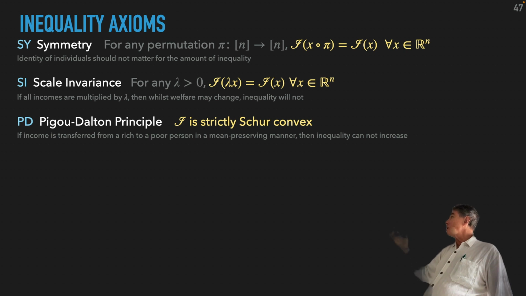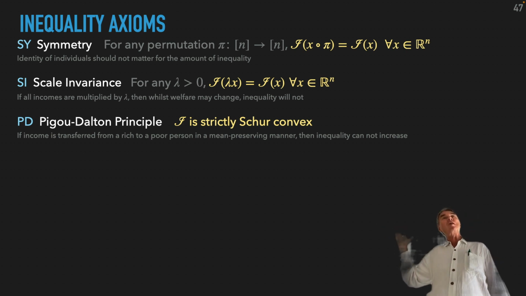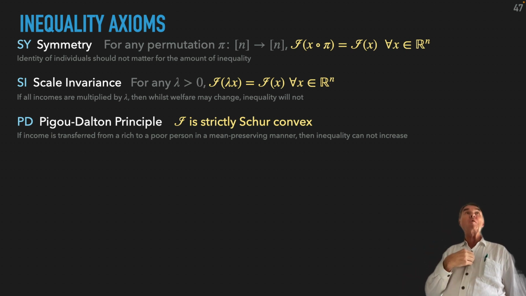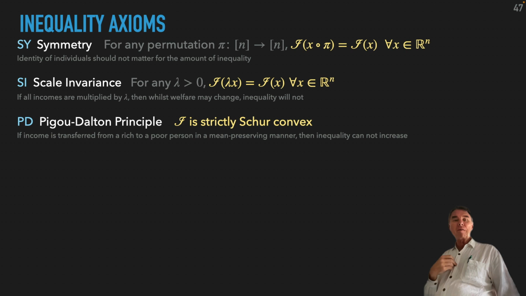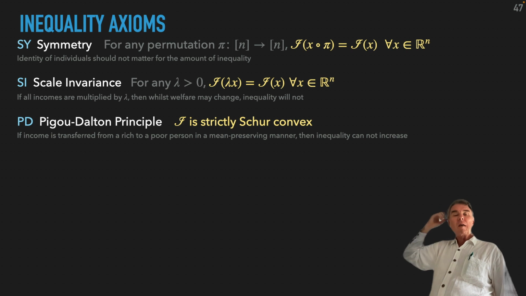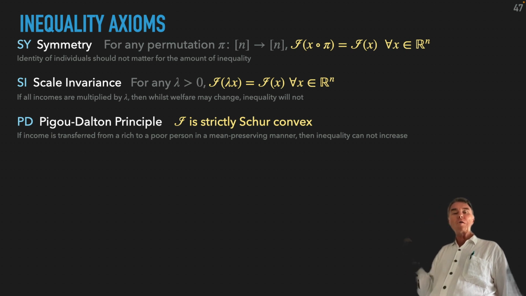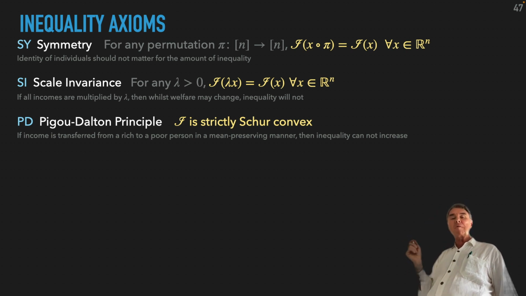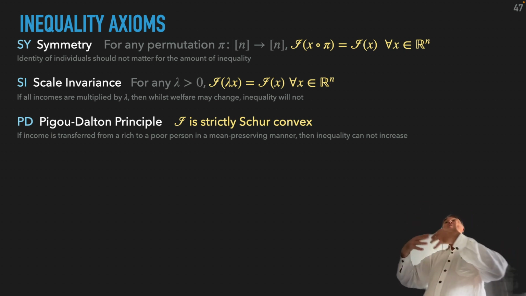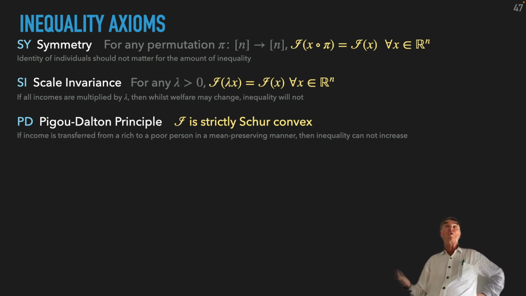More funny terminology. If this function is strictly Schur-convex, for 100 years they've said that this satisfied the Pigou-Dalton principle. You can see I had to do a lot of digging to understand this. This has got a nice interpretation ethically, right? This is why it's 100 years old. If income is transferred from a rich to a poor person in a mean-preserving manner, then inequality cannot increase. So they're thinking in terms of how you would use these things for wealth redistribution.